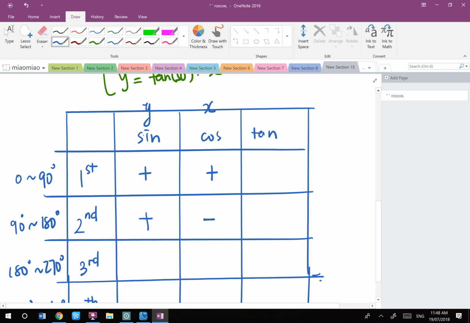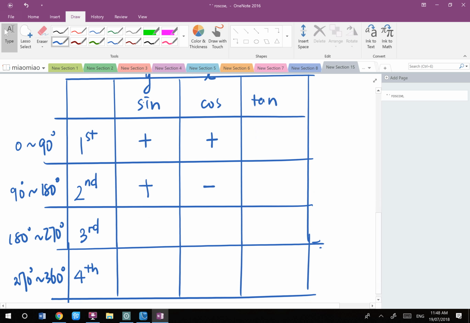In the third quadrant, what will happen? Both of them are negative because x and y are both negative in the third quadrant. How about the coordinates in the fourth quadrant? X is positive and y is negative. You have that.